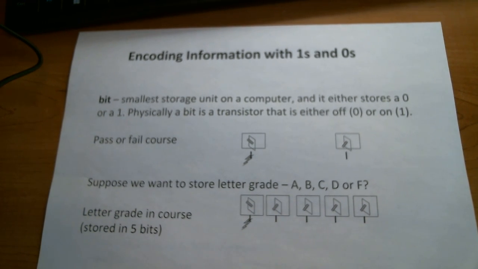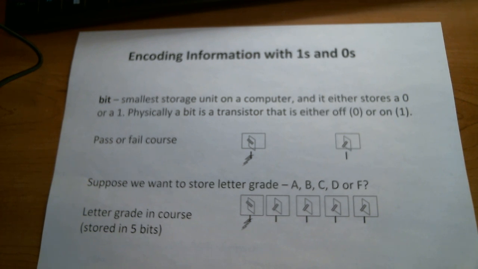We have a bit, which is the smallest storage unit on a computer, and it stores either a 0 or a 1. A 0 represents the transistor being off. The 1 represents it being on. So we're only storing a 0 or 1, but we can use that 0 and 1 to represent different things.